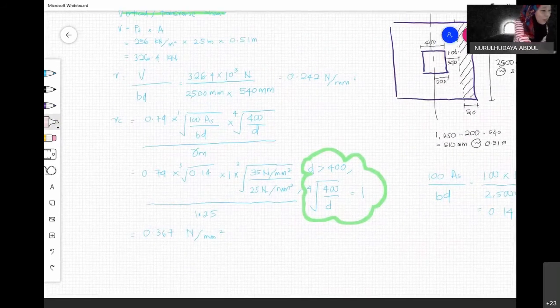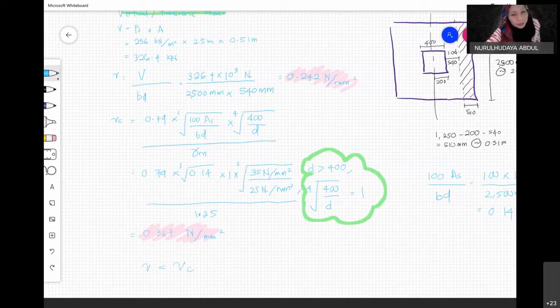Kita boleh compare value V ni and this value. Okay, compare saja. We'll see that V is less than VC. So what does it mean? It means that no shear reinforcement is required.